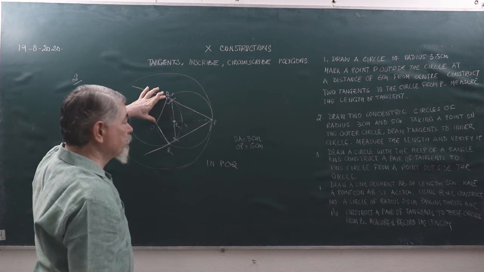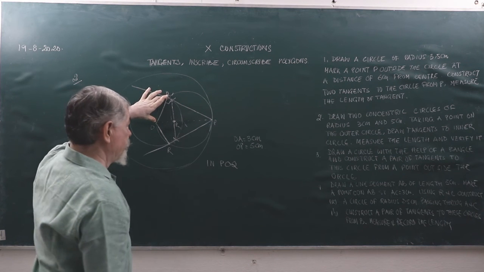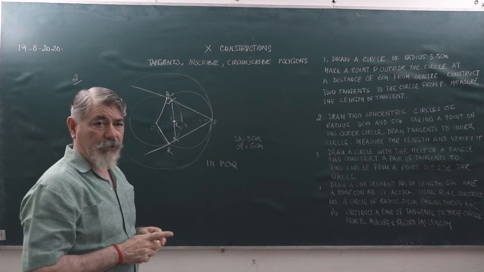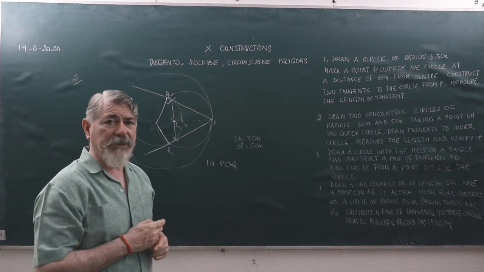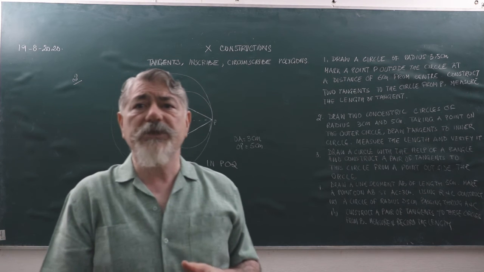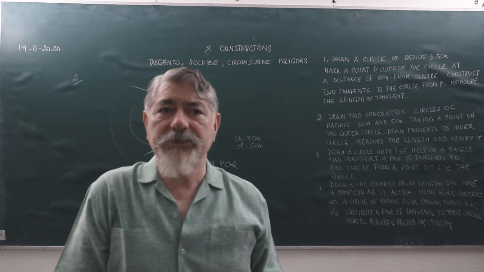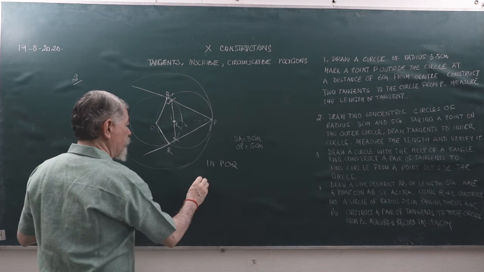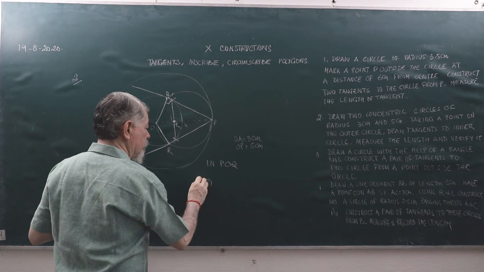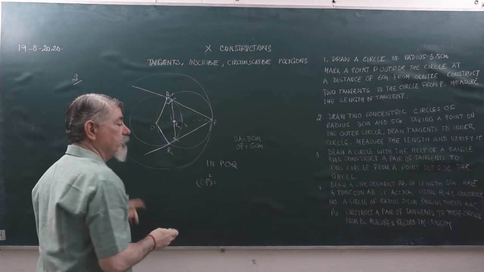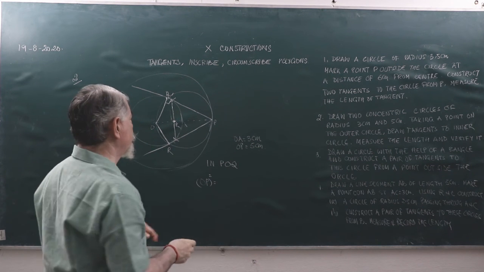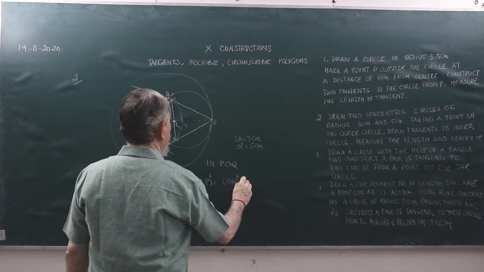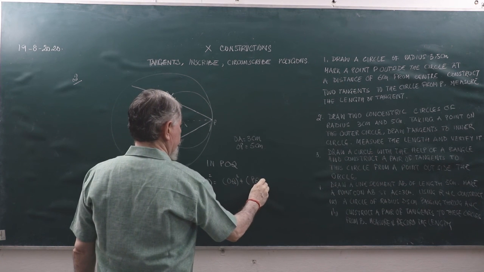What is the radius of this smaller circle? 3 centimeter. So if I apply the Pythagoras theorem in triangle OPQ, what does it say? The square on the hypotenuse OP is equal to the sum of the squares of the other two sides, that is OQ square plus PQ square.